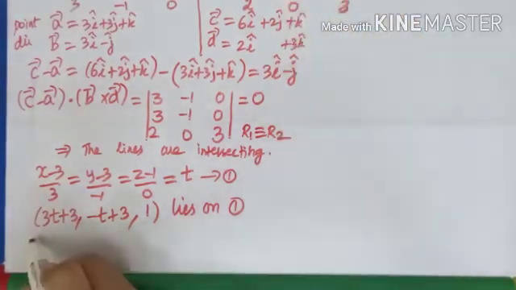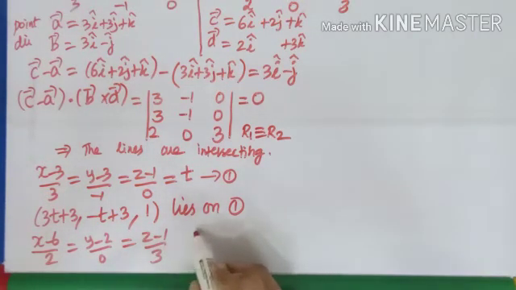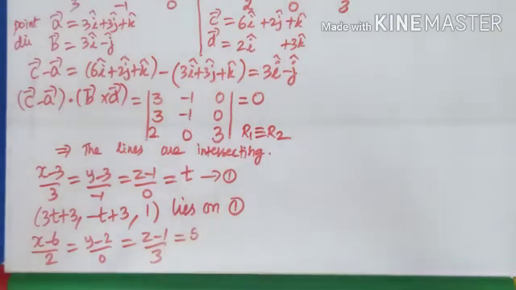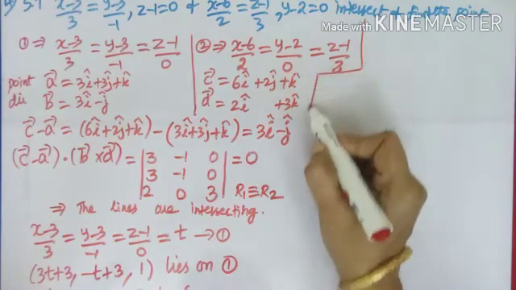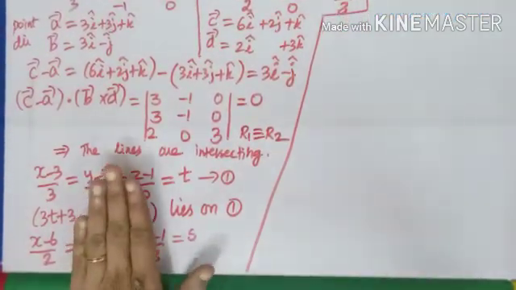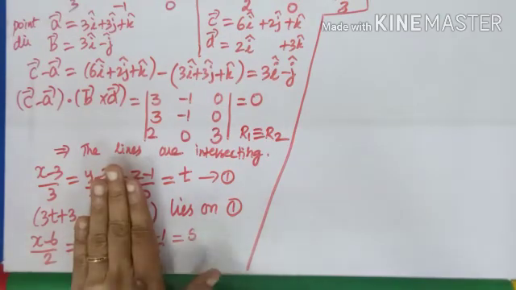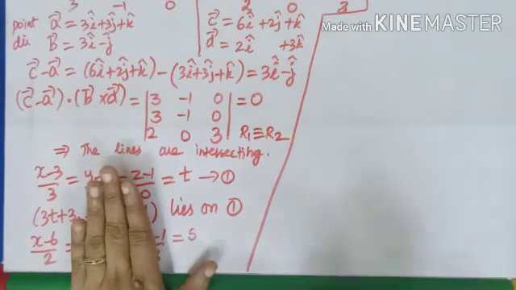Similarly, write the second equation, (x minus 6)/2, (y minus 2)/0, (z minus 1)/3, equal to s. What is the point that we get from here? Hide y and z: 2s plus 6.